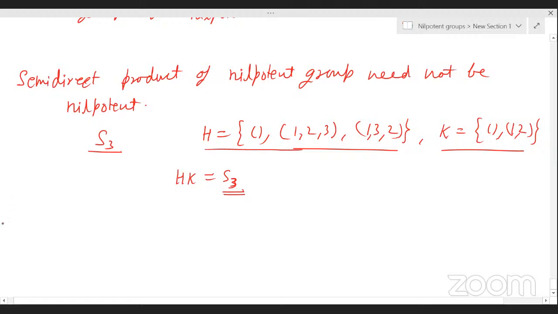Now we are going to prove another proposition.